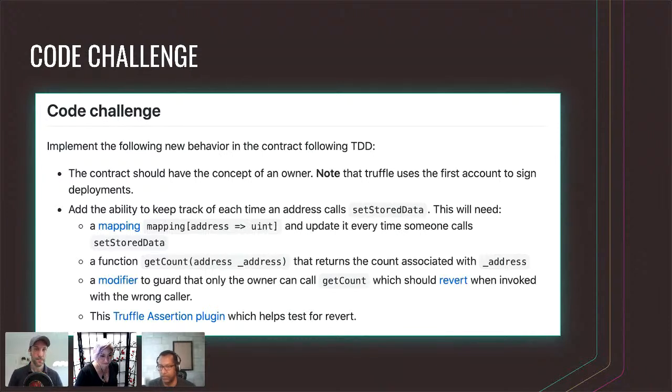So from last week, we wanted you to get comfortable with the workflow, installing the tools, adding small bits of new functionality like a mapping, using modifiers, and getting custom with various assertions, writing assertions. It's just to get your feet wet and show you how Truffle simplifies your workflow and takes care of a lot of those boilerplate workflows, like getting contracts onto a chain, so that you can just focus on, hey, what am I doing with my contract?